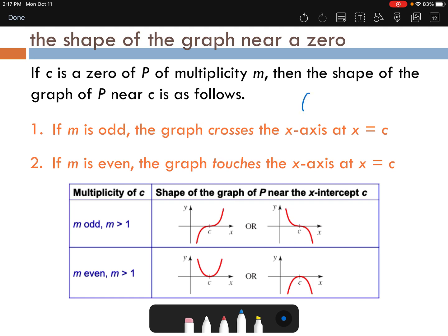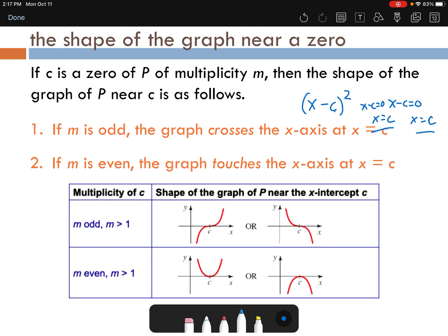Multiplicity m means we're going to have something like, let's say, x minus c squared. Okay, we have multiple zeros of the same zero, because if I set this equal to 0, x minus c equals 0, x minus c equals 0, we get x equals c, x equals c.